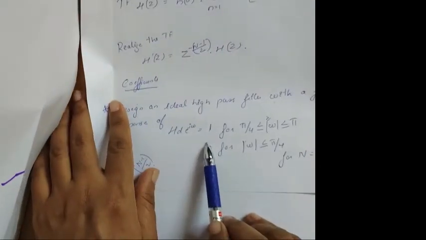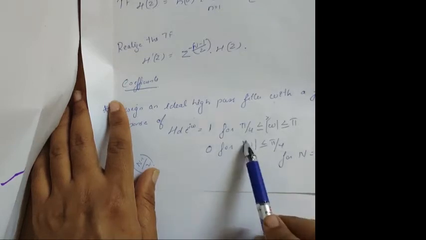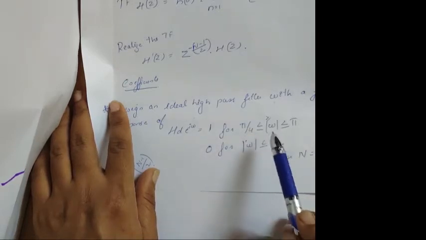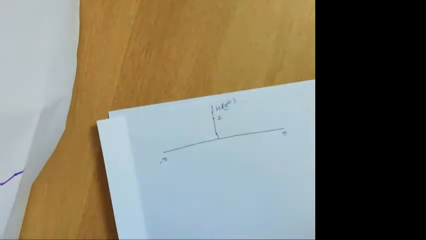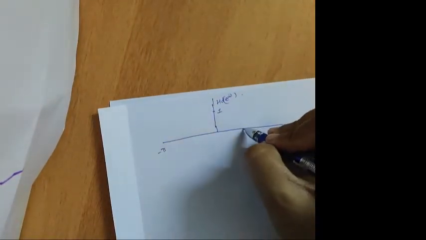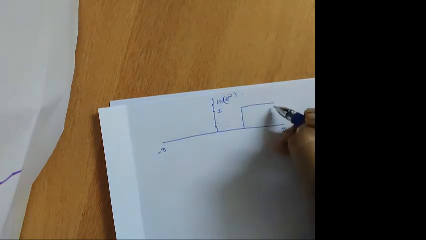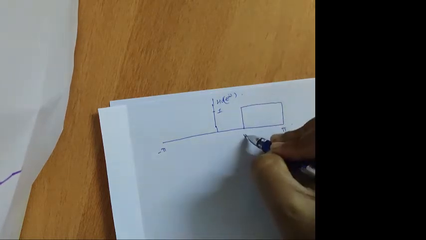Your Hd of e power j omega is 1 for pi by 4. You can see the positive side from pi by 4 to pi. So here from pi by 4 to pi, you are having a sample.